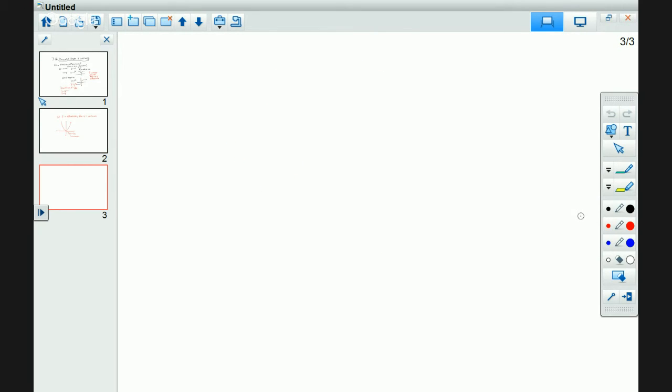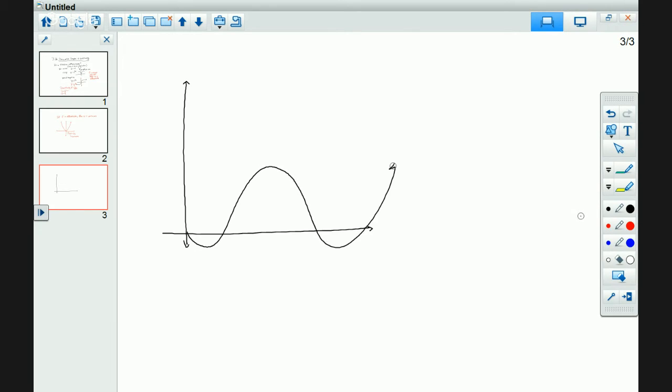Okay, so we're going to switch gears to graphs. Graphs and derivatives. I'm going to draw a graph up here. Make this a 1.